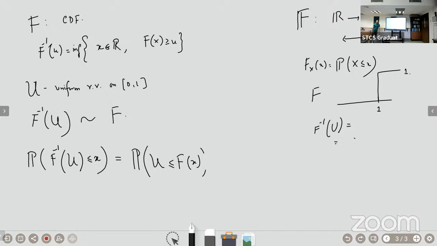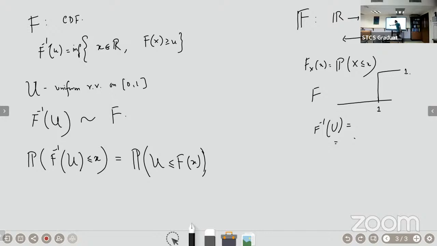These two are equivalent. No, tell me. If something is not clear, don't stare at the board, tell me. Are we writing this after assuming that F inverse of U has any distribution? No, we're trying to prove that. This is the distribution of F inverse U, that much is clear. This is equal to this.